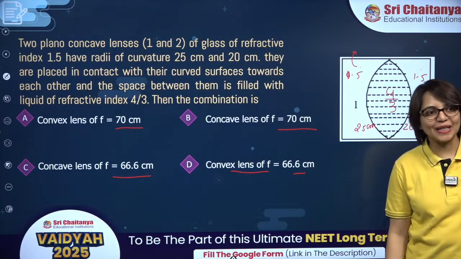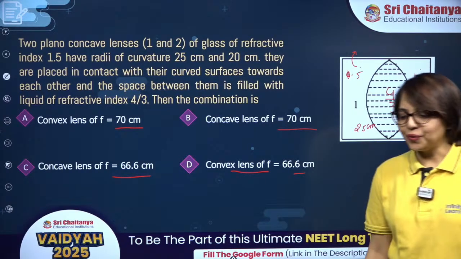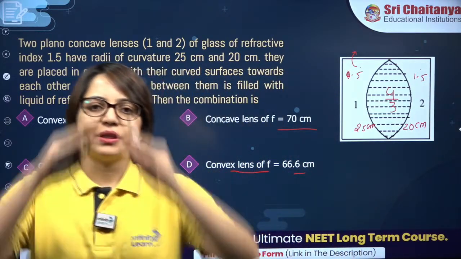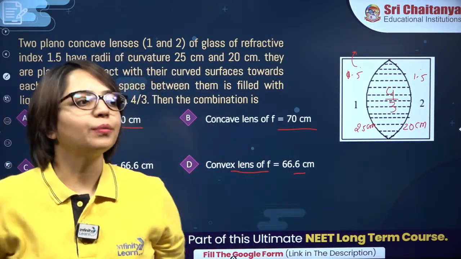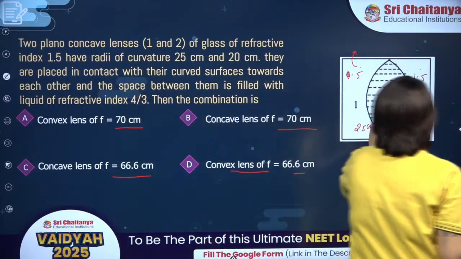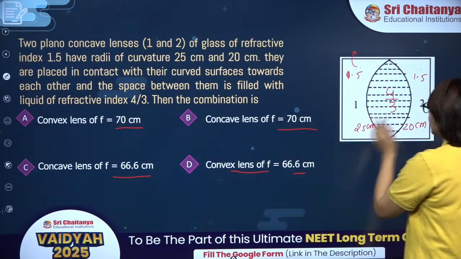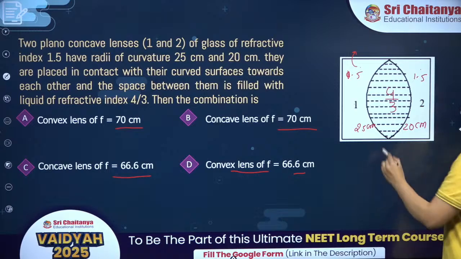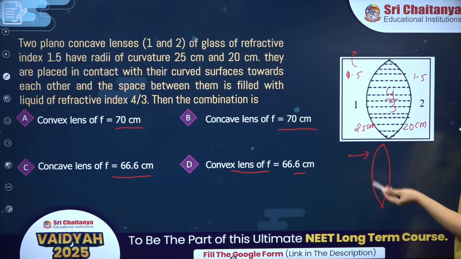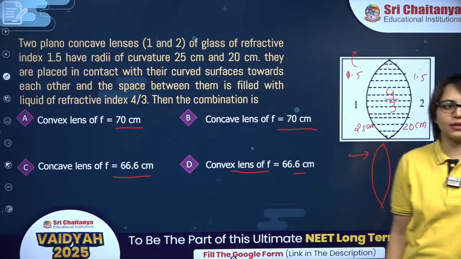See, lens can be deceiving. When you just look at the lens and we are changing the medium, the lens being like this doesn't mean that it will behave like a convex lens. Here different media are present, right? So this shape, you might feel that ma'am this is like a convex lens, so it should behave like a convex lens.